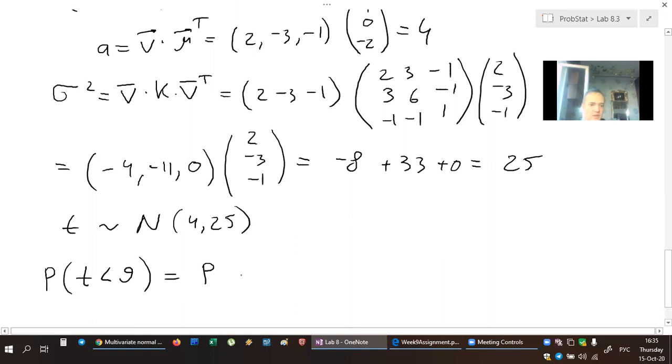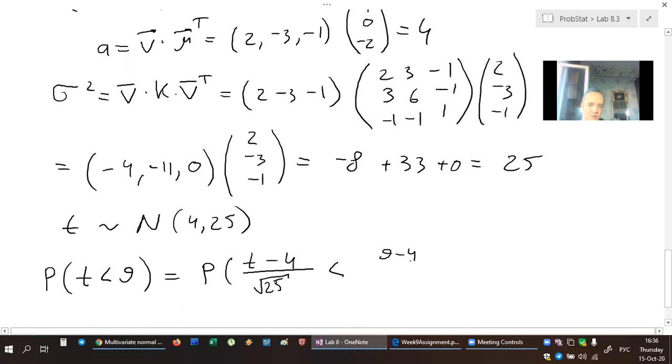Let's normalize t in order to use a table for random variables with parameters 0 and 1. So we have to put minus 4 in order to get 0 in this place, and divide everything by square root of 25 in order to get the variance equal to 1.